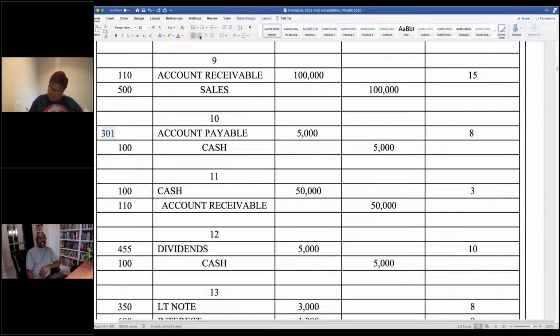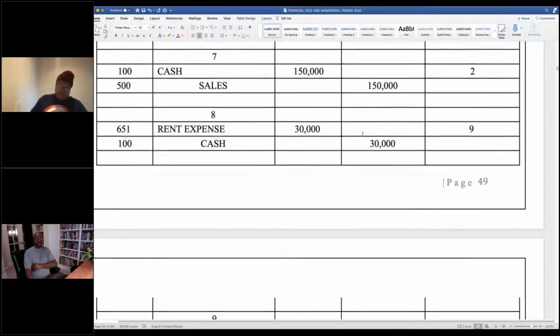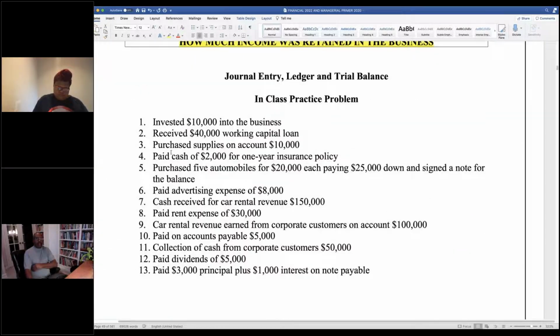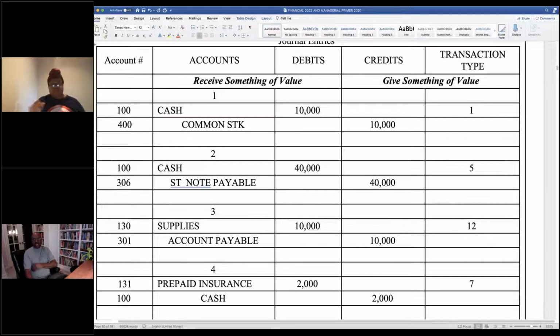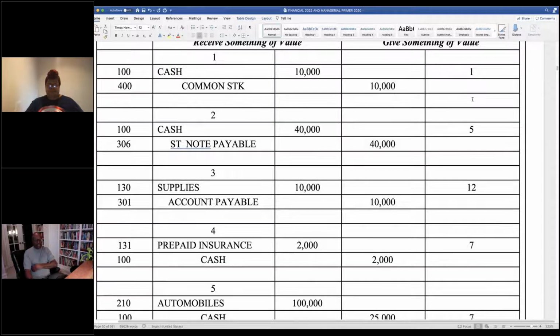So this is what's involved in that first step, making these journal entries. You have to read them, analyze them, and make the journal entry, and I'll frame a way for you to do that with the journal entry types.